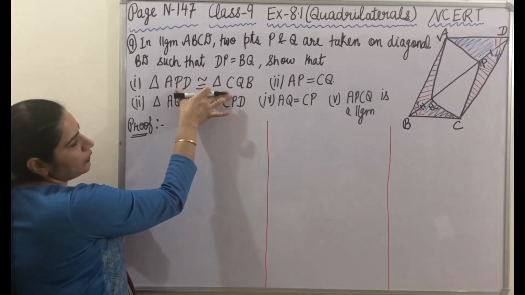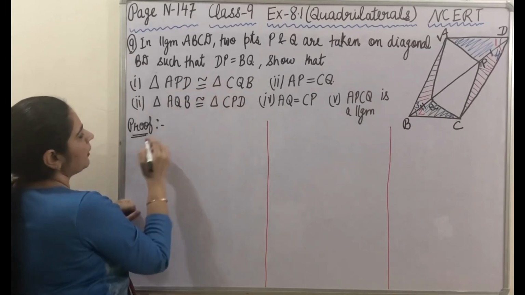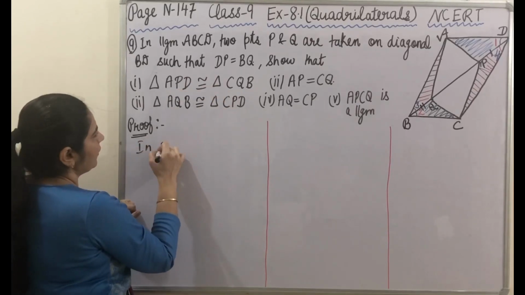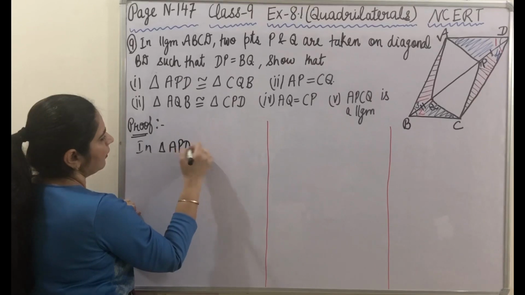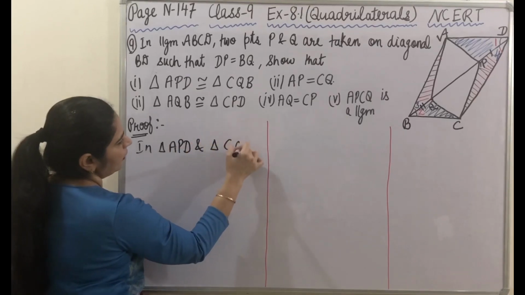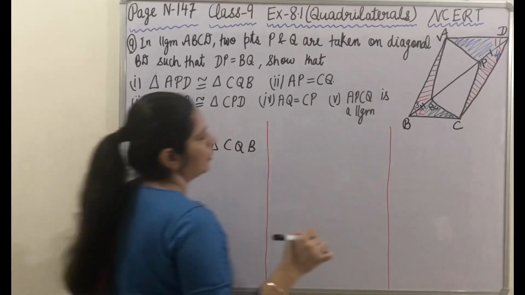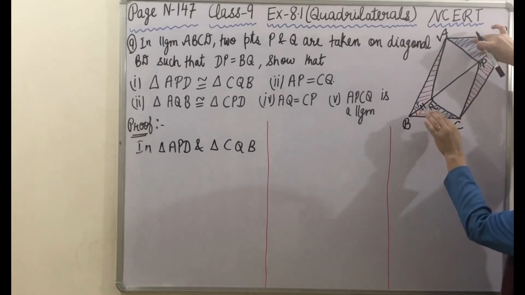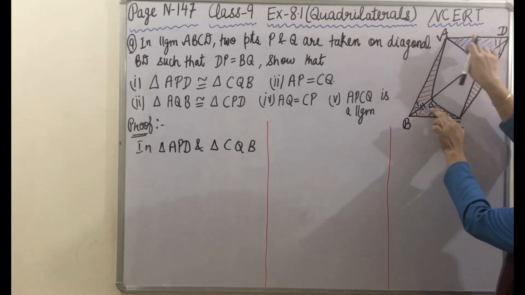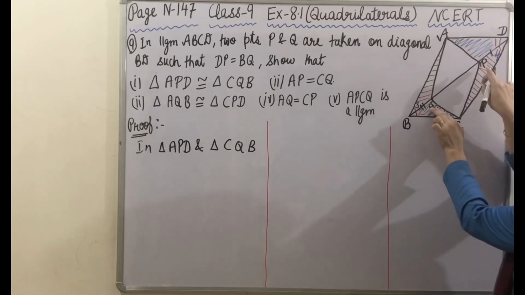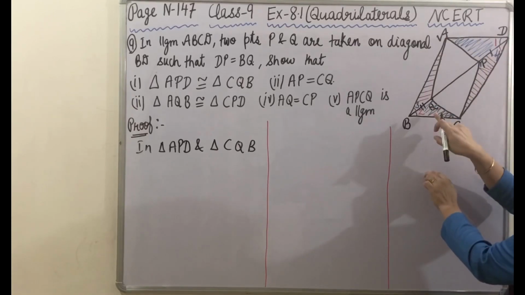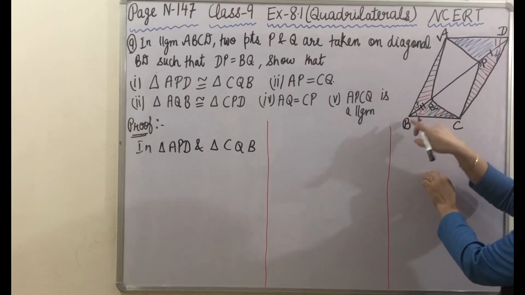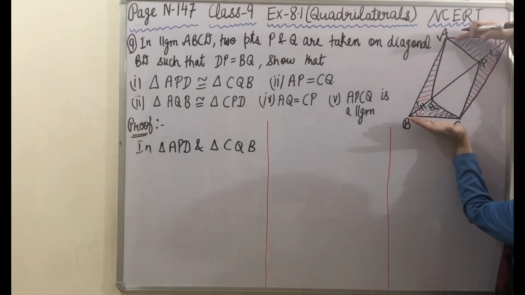Now I am taking these two triangles. I want to prove these two triangles congruent, so I am taking triangle APD and triangle CQB. Just look at the figure: in triangle APD and triangle CQB, these two are the opposite sides.